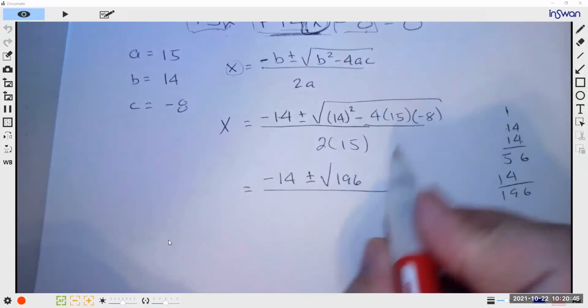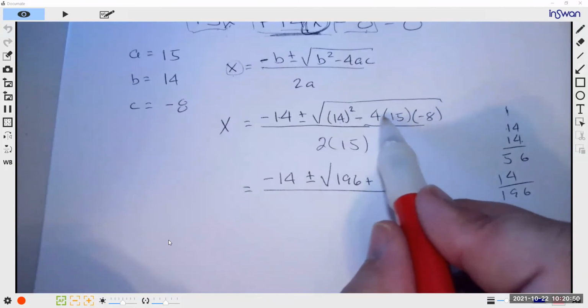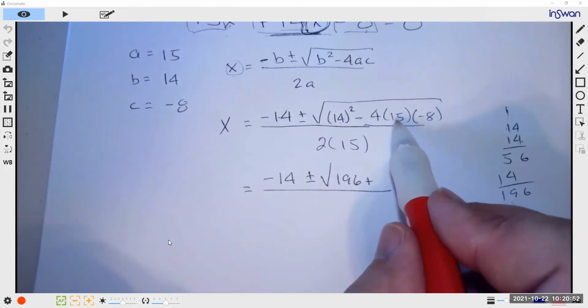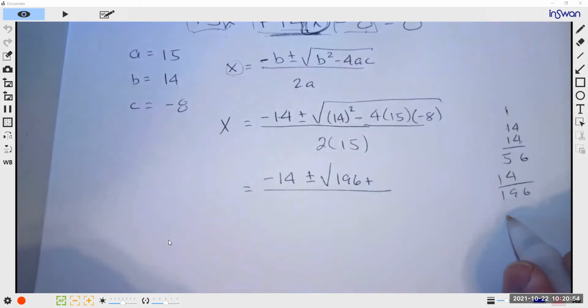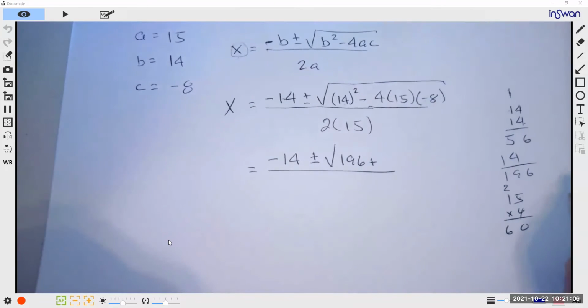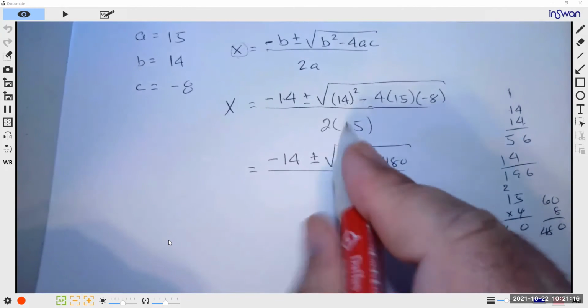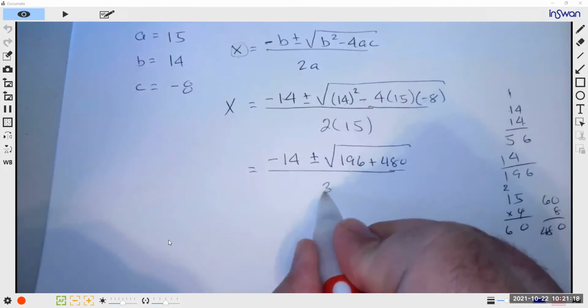A negative and a negative becomes a positive. 4 times 15. 4 times 5 is 20. 4, that's 60. So 60 times 8, 480. And 2 times 15 is 30.